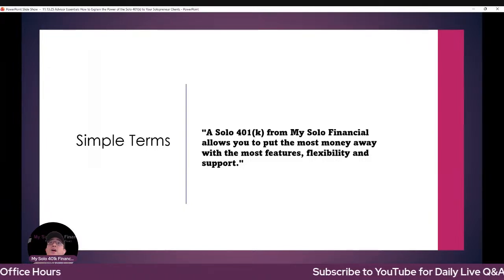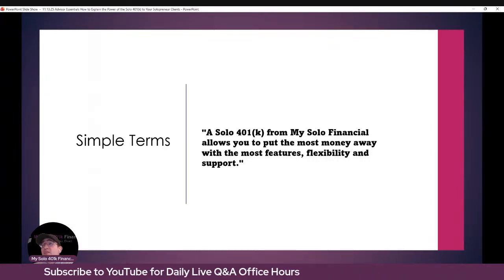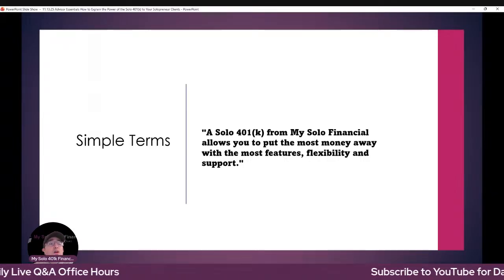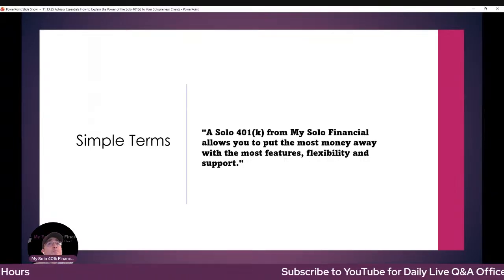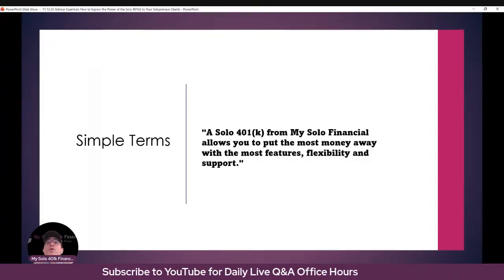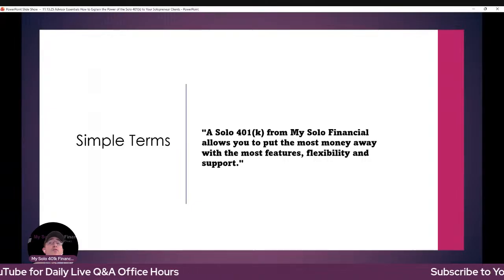And so a 401k plan, any 401k plan, is for a business. A lot of people will understand that concept because they may have had a job somewhere where they had a 401k account. So 401k plans generally are for employers. They're for businesses with employees. Now a solo 401k, that's for someone who has a self-employed business.